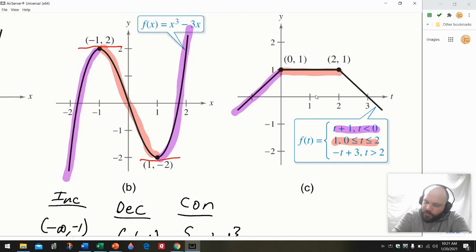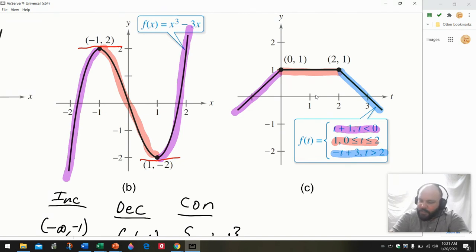And then let's go to the blue part, which will be greater than 2. Now, what you have to be careful with is that these intervals right here matter as how we draw our increasing and decreasing part. So let's take a look at that.